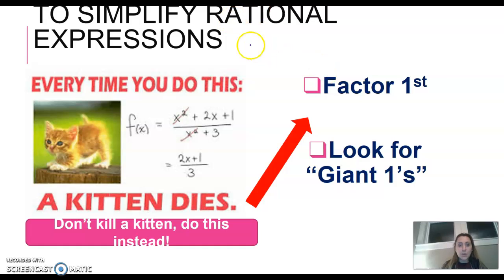The reason why we're looking for those giant ones is, if you look at this, every time you do this, x squared plus 2x plus 1 over x squared plus 3, and you simplify by saying that this and this is a 1, a kitten dies. And the reason why that kitten dies is I'll show you.